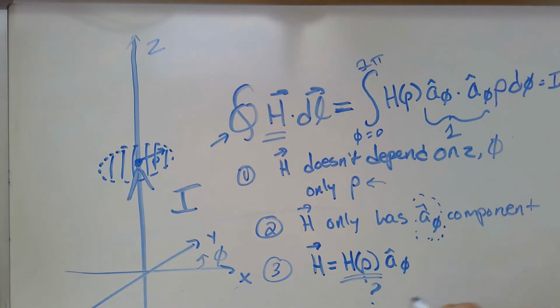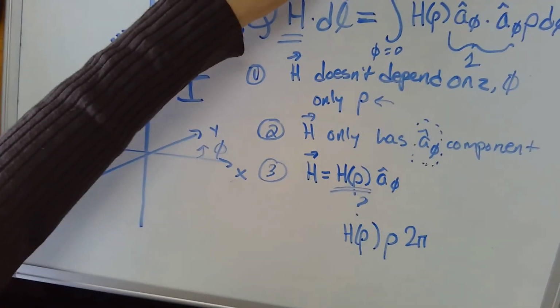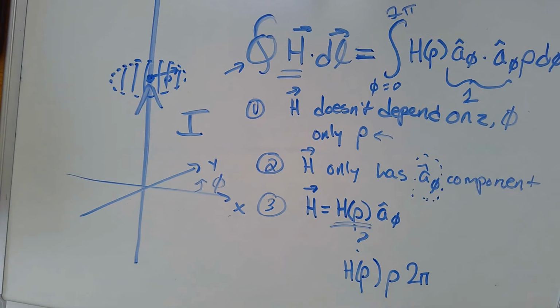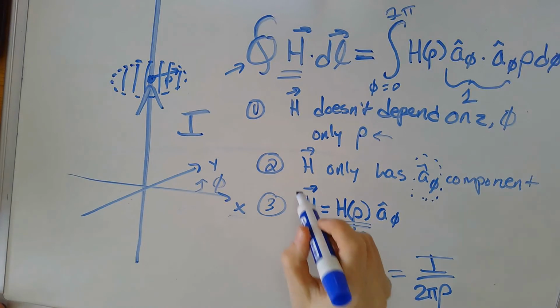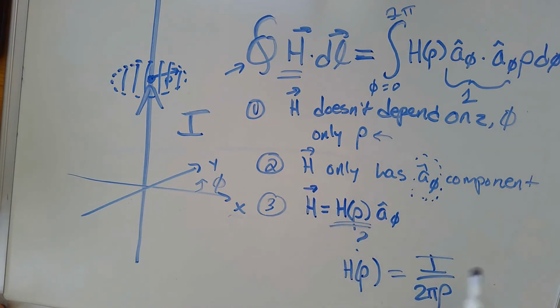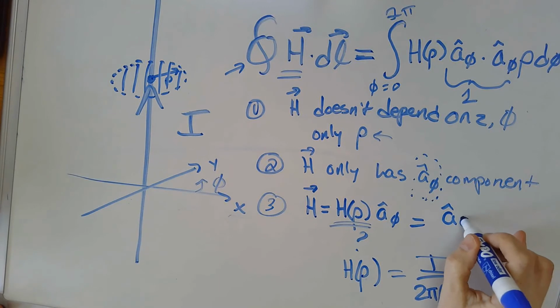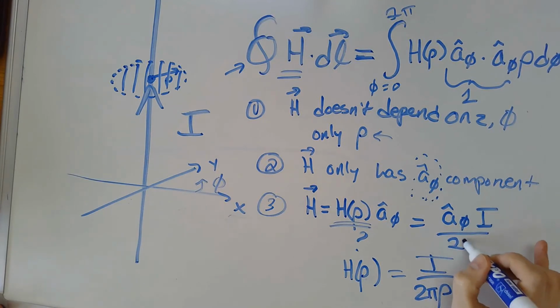So the result here is that H of rho times 2 pi is equal to the current. So H of rho is I over 2 pi rho. Cool. Which means that our final magnetic field expression is going to be a hat phi I over 2 pi rho.